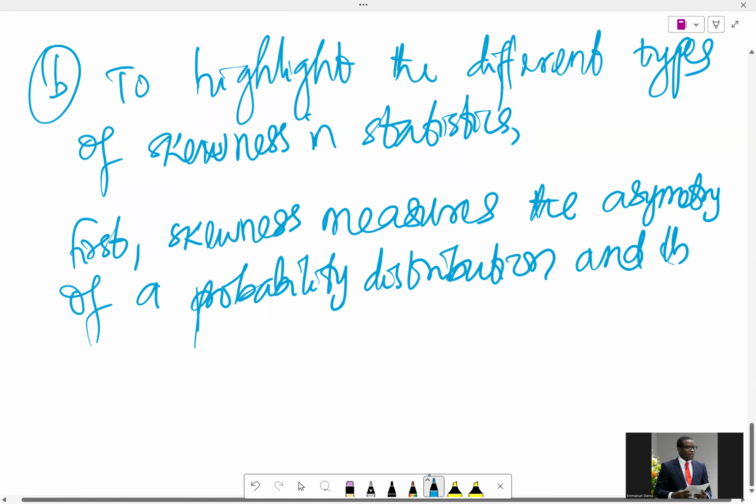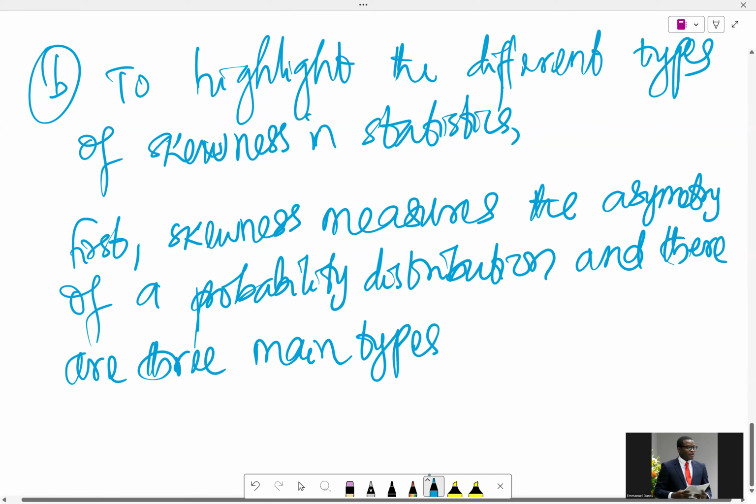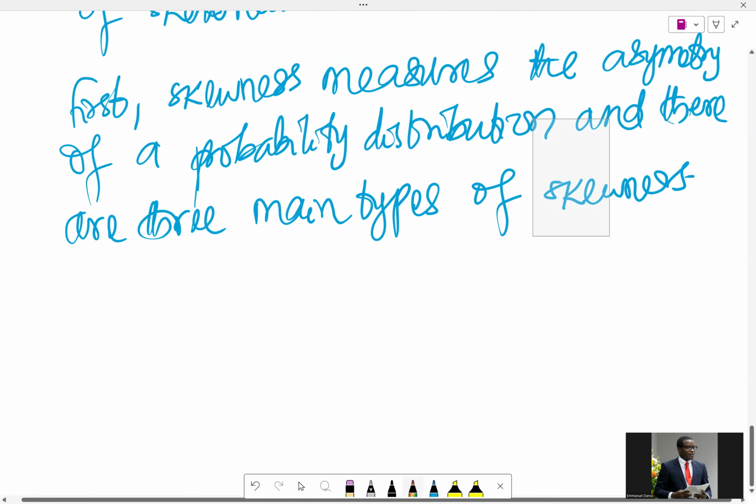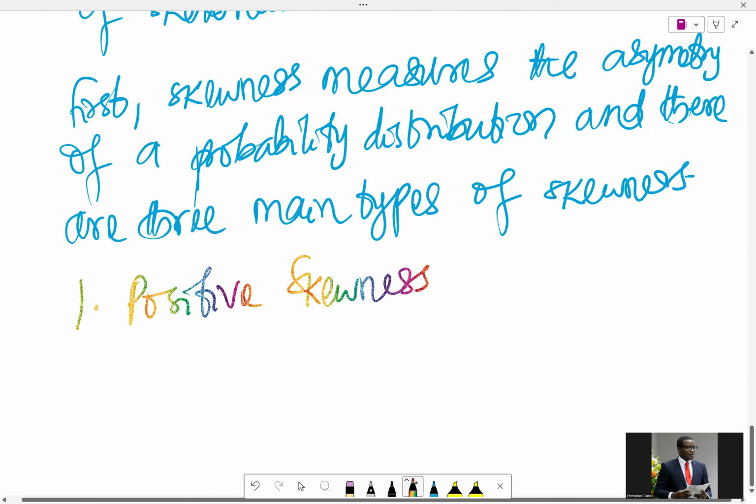And there are three main types of skewness. Okay. First, let's talk about positive skewness, which can also be seen as right skew.